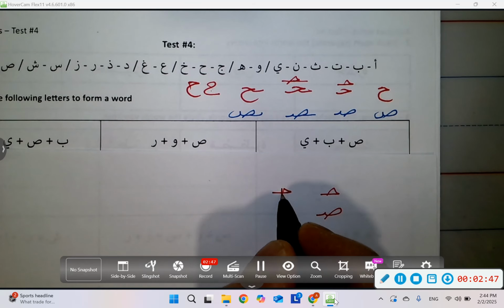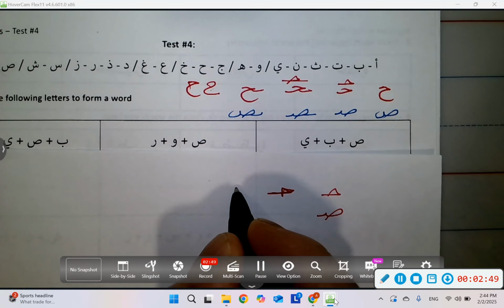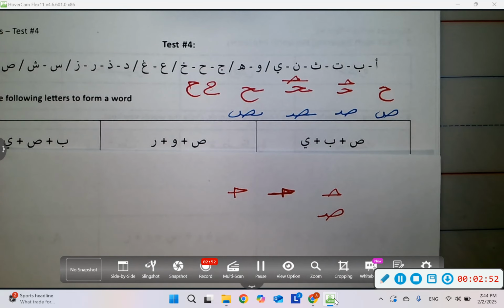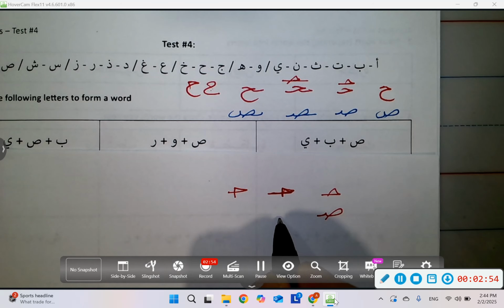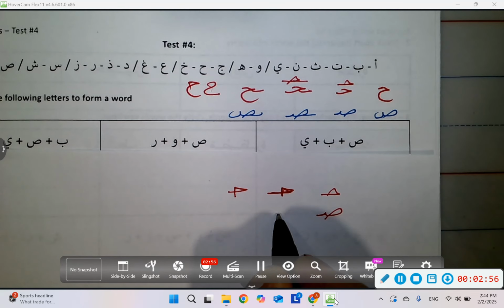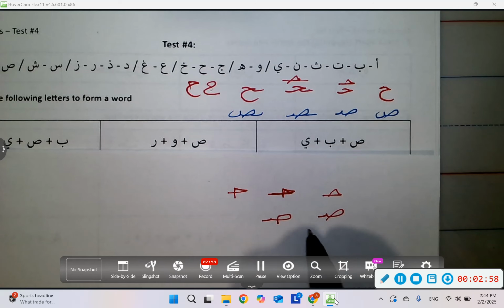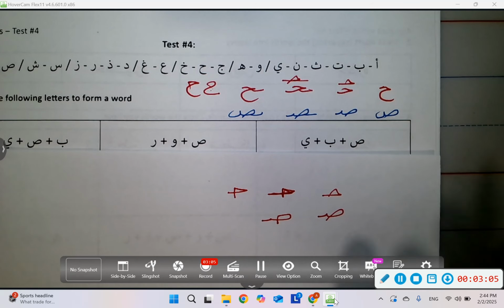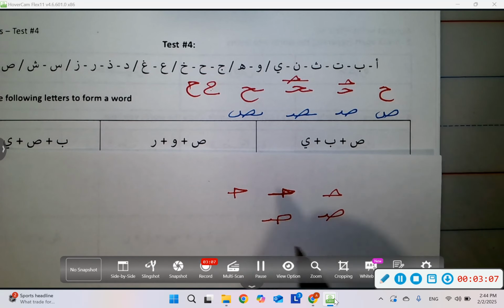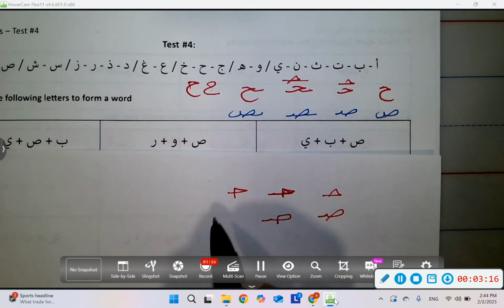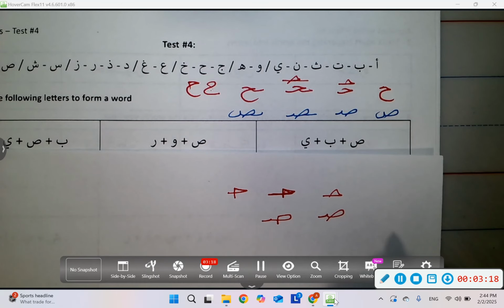It's more like this. It's like ha, but you close it. And sad, some people write it like this. There are too many different ways people write, although it's not necessarily correct. But people may not be able to control how they write the sad and the ha, and they make them look alike. And I see a lot of students, they cannot distinguish in writing between these two letters.